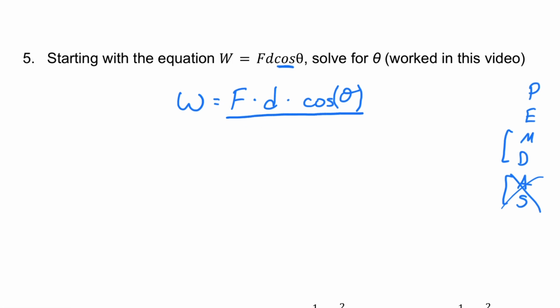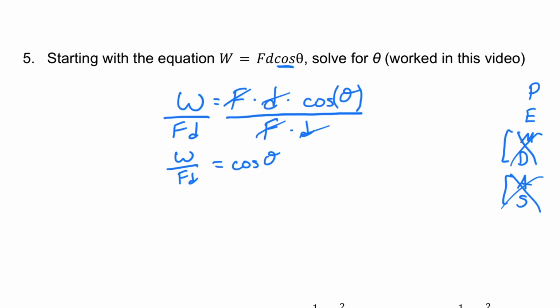We'll divide by F to get rid of F, and then if we also divide by D, we can get rid of D. That'll leave us with just cosine theta over on the right side. And of course, whatever we do on the right side, we have to do on the left side. So we'll divide the W by F and D as well, and we end up with W over F D on the left side equals cosine theta. So then we've taken care of the multiplication and division.